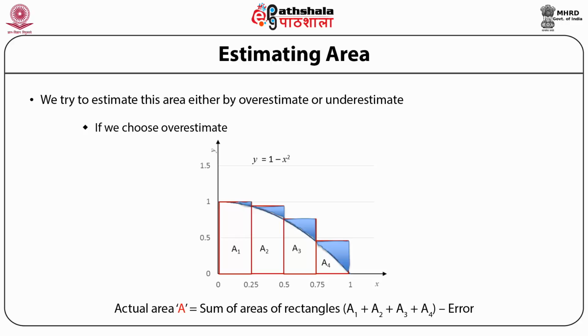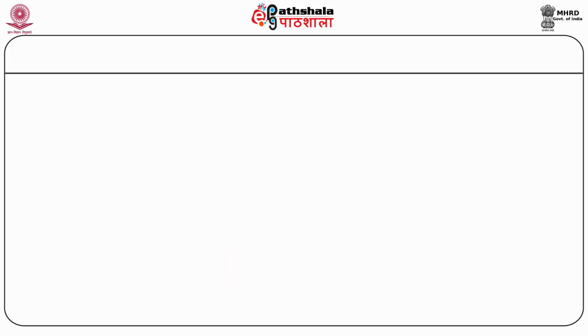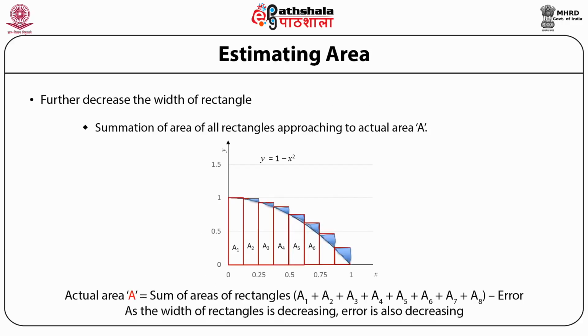Then the size of the blue area is diminishing, so we are going to a better approximation. Here you can see we have put many more rectangles, so the error is decreasing. As the width of the rectangles decreases, the error also decreases.